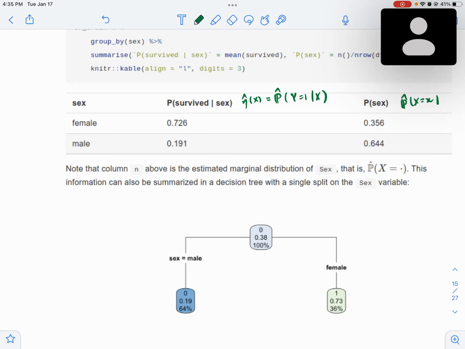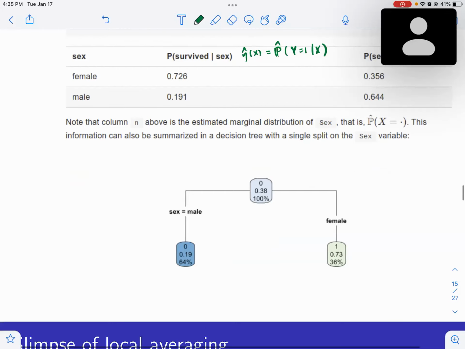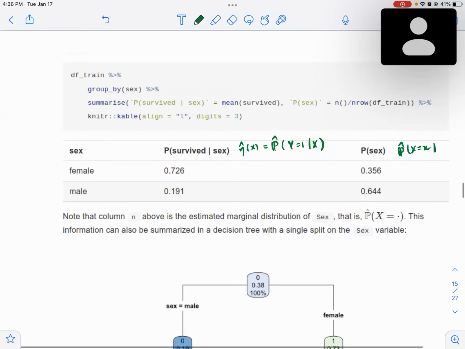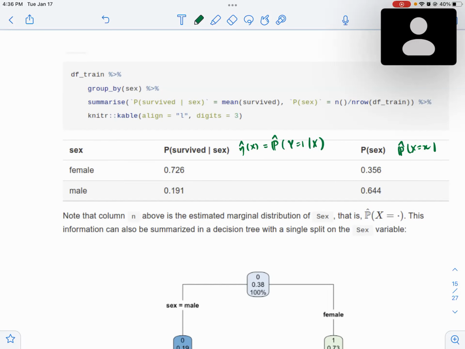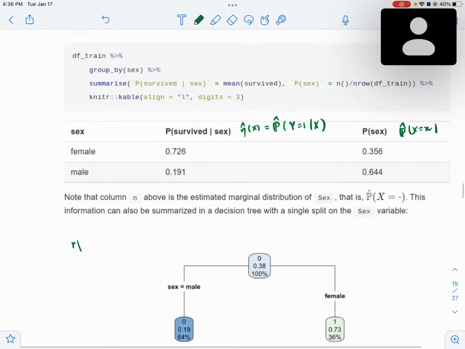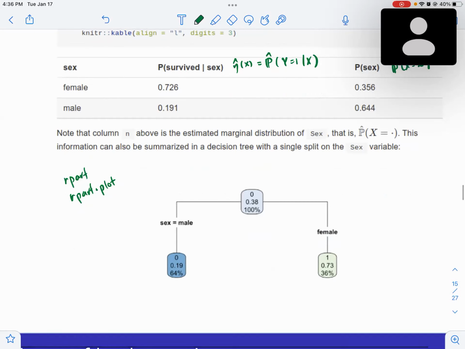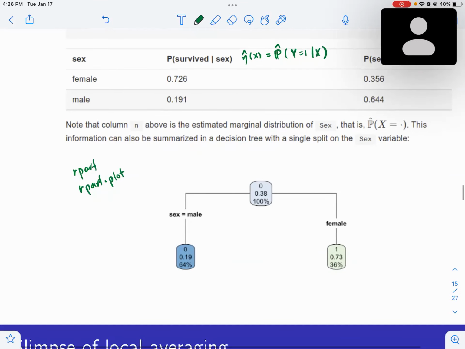And then based on this, you can write the classifier, and this classifier can be summarized. This you can do in R without doing this calculation by hand. There's a package, rpart, and rpart.plot, if you're interested, that produces these nice plots. I have a little bit of code in that book that I linked.